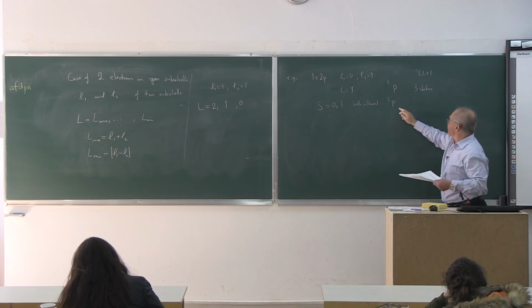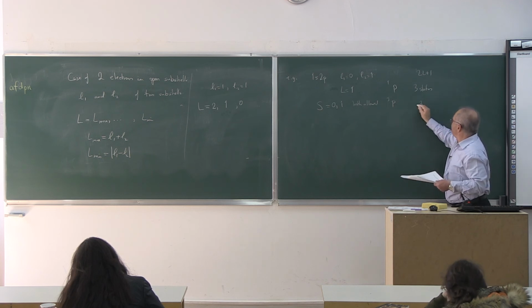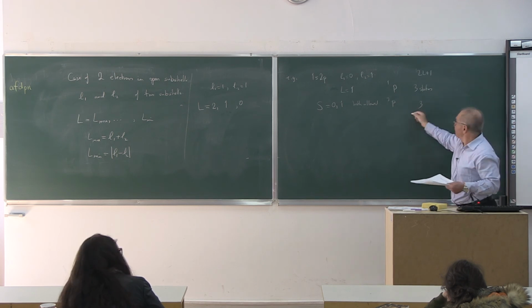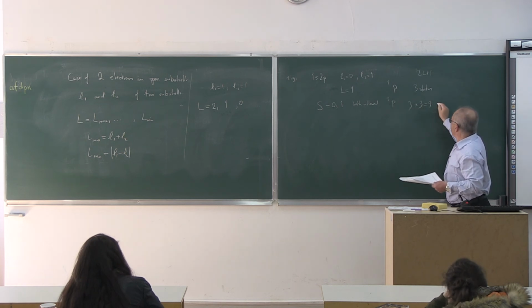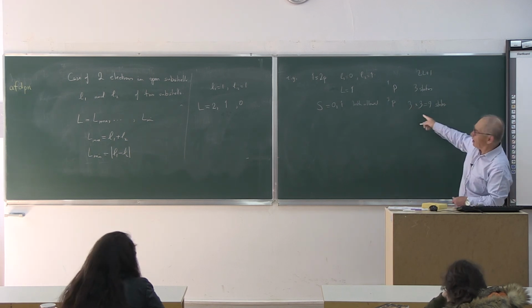What about in this case? From the space part, P, we have 2 times L plus 1, which is 3, times spin degeneracy, which is directly here, 3, which means 3 times 3, 9 states are degenerate.